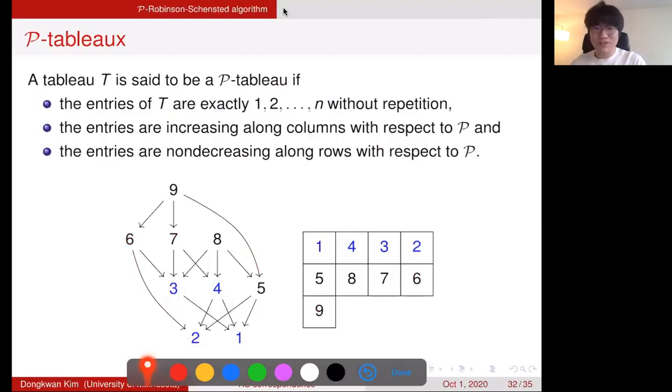So 1, 4, 3, 2 is a sequence of non-decreasing numbers. Same thing happens here. 5, 8, okay, increasing. 8 to 7, not comparable. 7 to 6, not comparable. So it's a non-decreasing sequence. 9 has only one number. So this is a P tableau.